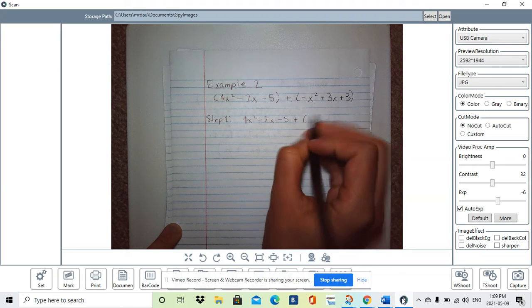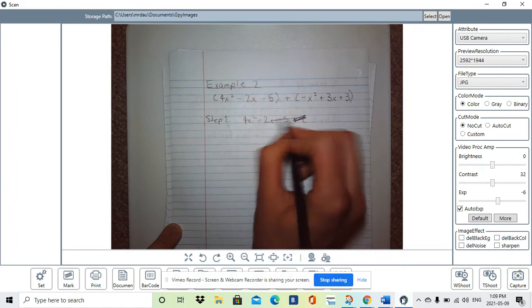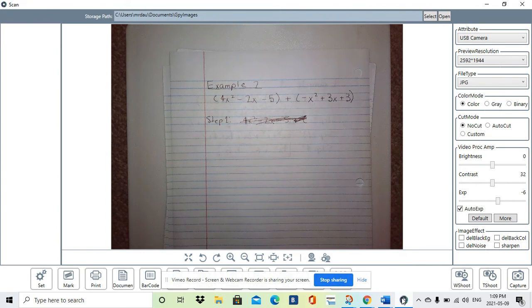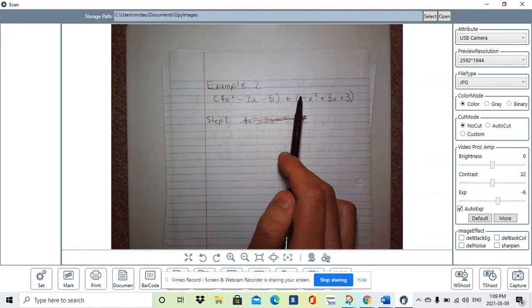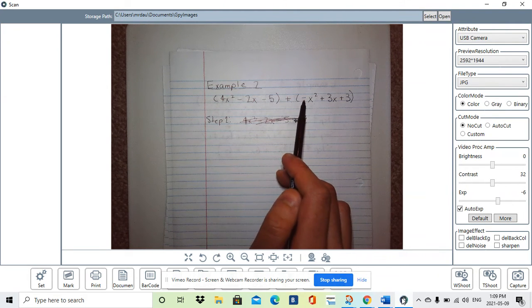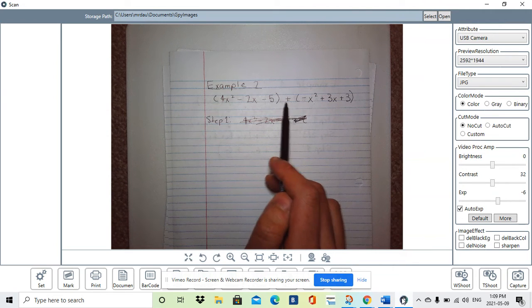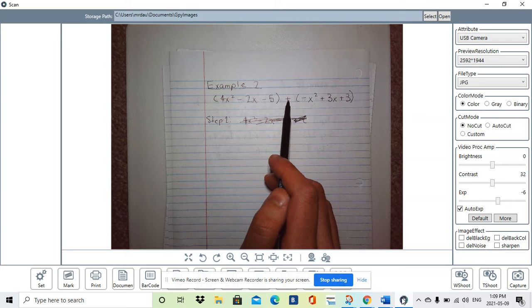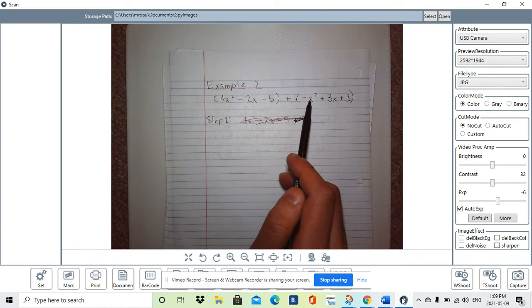Oh, sorry. I'm going to redo this step, actually. If we add a negative number, we're just subtracting that number, correct? So plus negative x squared is the same thing as saying minus x squared. But remember, we're only doing that with the x squared term.